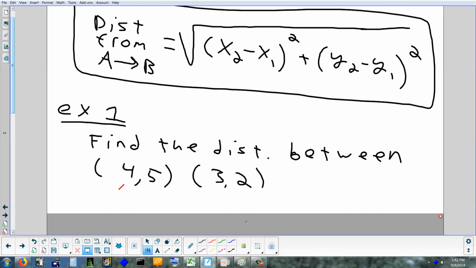So let's call it x1. Right, so Cameron, now that the first one is x1, what does the 5 have to be? Oh, sorry. Do you have two Camerons? All right, yeah, go ahead. What did you say? Y1. Y1. Yeah.